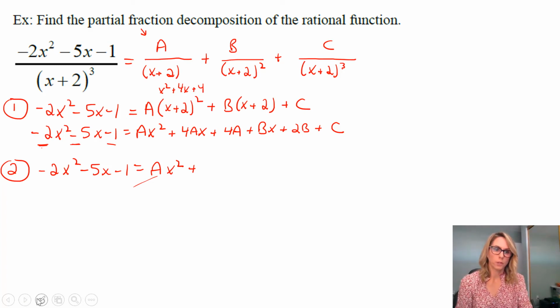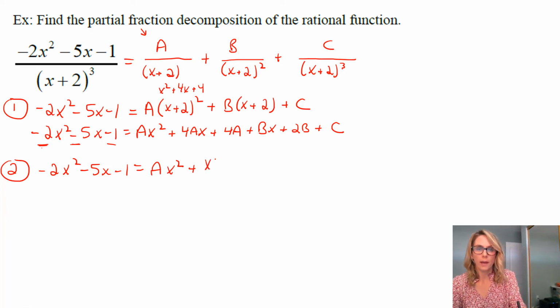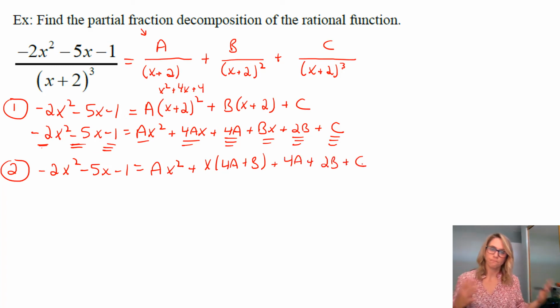So I'm dealing now with anything that has the x. So x times 4a plus b. And then everything else is the constant. So now I need 4a plus 2b plus c.